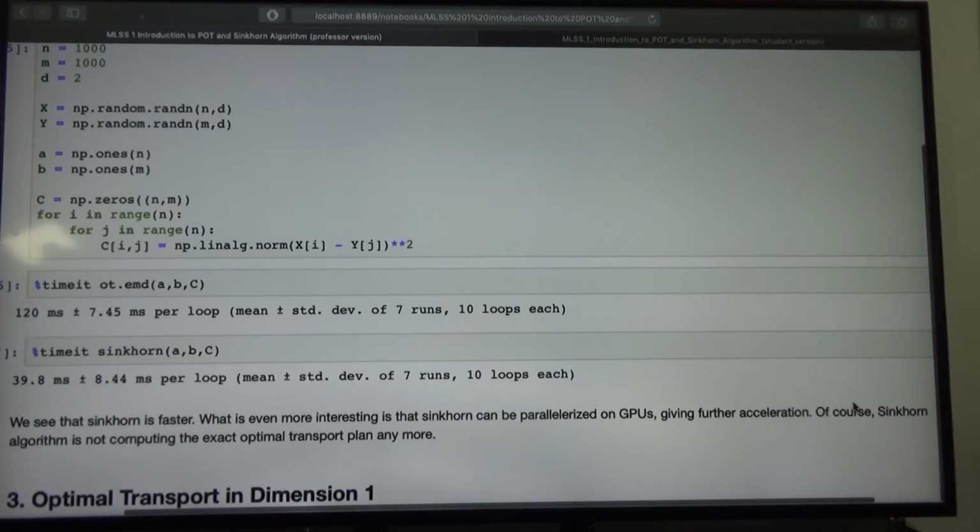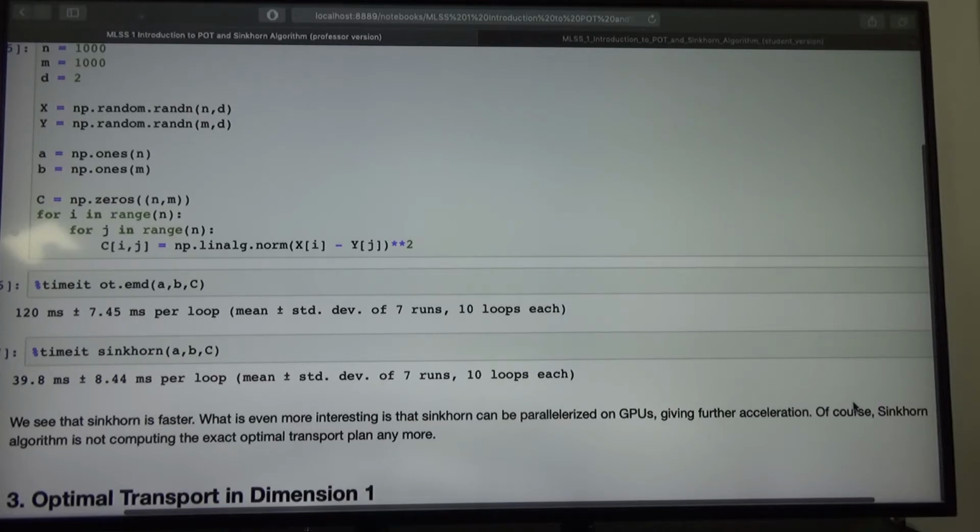So even if you use POT that is quite optimized to solve this linear problem, you see that here it's 120 milliseconds, whereas when you use our own implementation of Sinkhorn that was nowhere near optimized, you get 40 milliseconds, so that's a speedup of 3 times. And that's only for 1,000 data points.